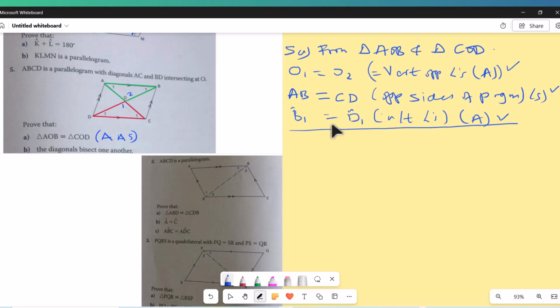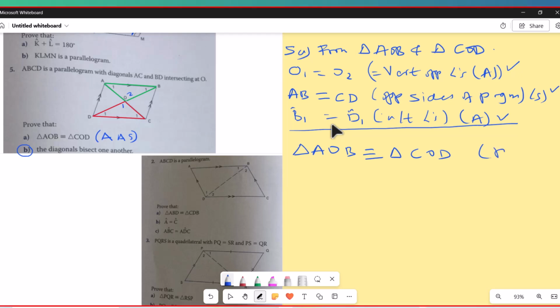Can I go to part B? They said prove that diagonals bisect one another. Now, what can we do here to prove that? If the triangles are congruent, guys, like we're saying here, triangle AOB is congruent to triangle COD.